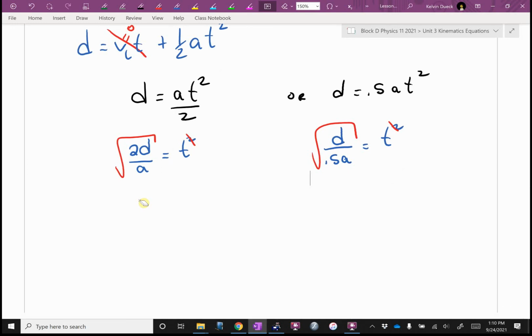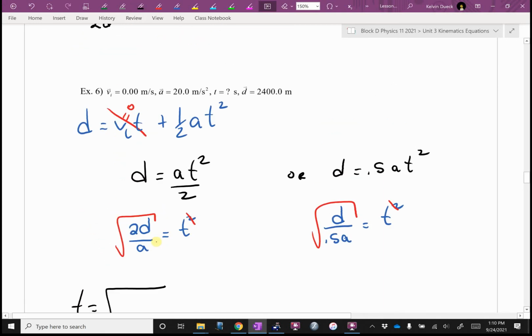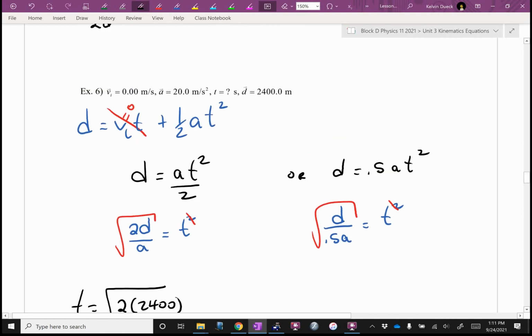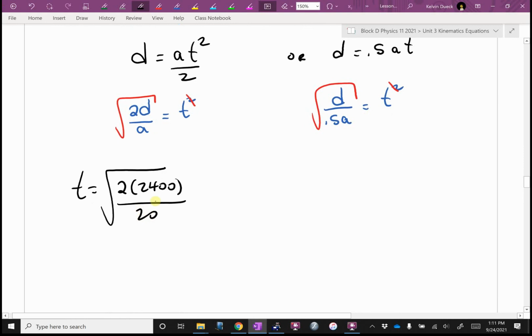I'm going to do the left-hand one. You can choose. I'm going to plug in our numbers. You can plug in your numbers as well. So T is going to be the square root of 2 times 2400 divided by 20. Or 2400 divided by 0.5 times 20. I don't care.